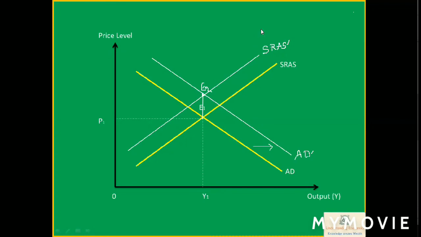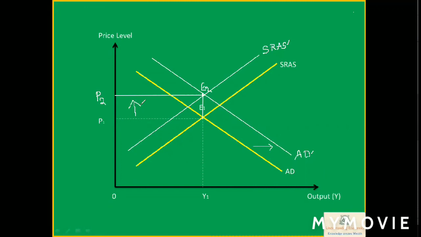So we have identified that there is no change in the output. But if we look at the level of price, we can see that the price has increased. So this is our new equilibrium price, and the price level has gone up.